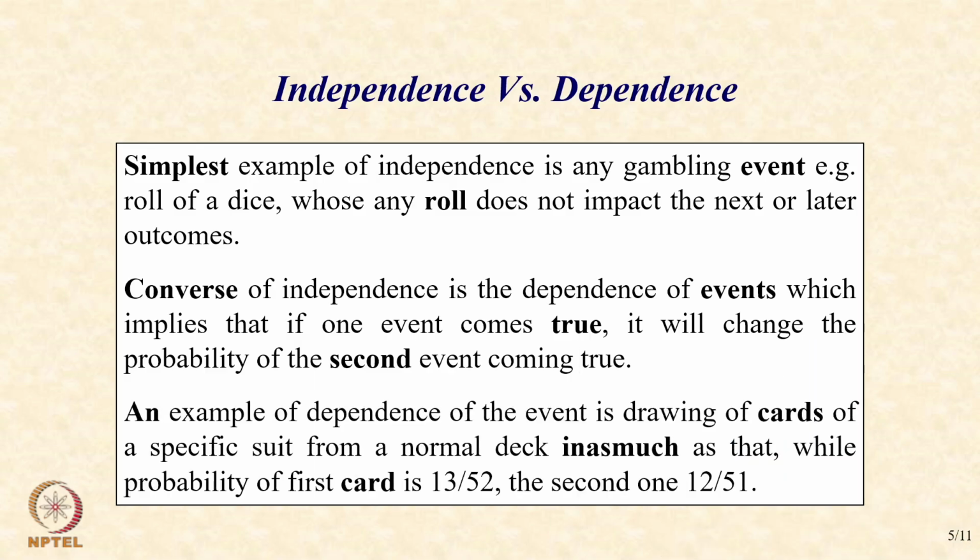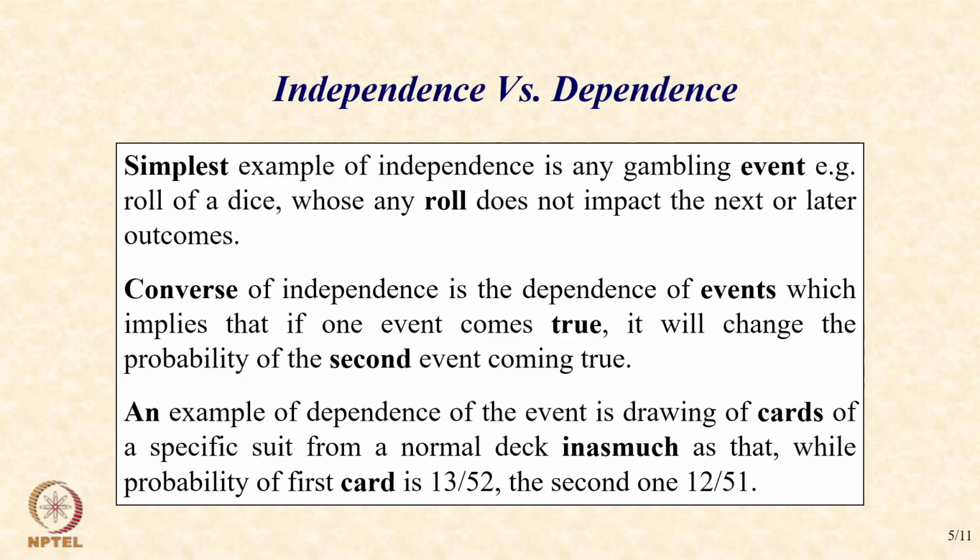So, this concept of dependence can be explained through the basic example of drawing of cards from a deck of cards of a specific suit, and you will realize that there are 52 cards and in each suit there are 13 cards. So, the first card being of a particular suit, the probability would be 13 by 52 or 1 by 4.